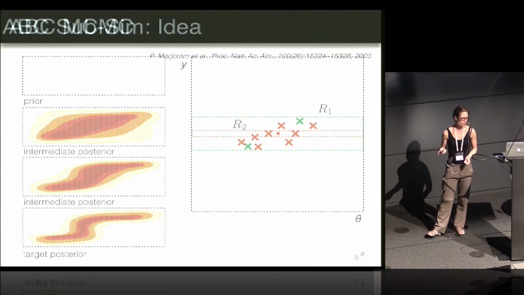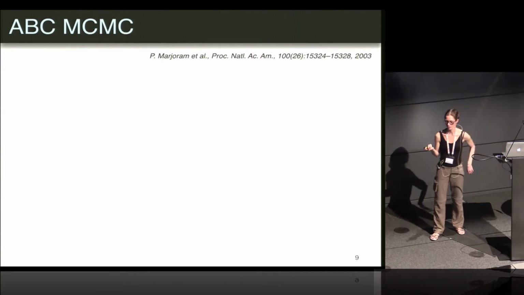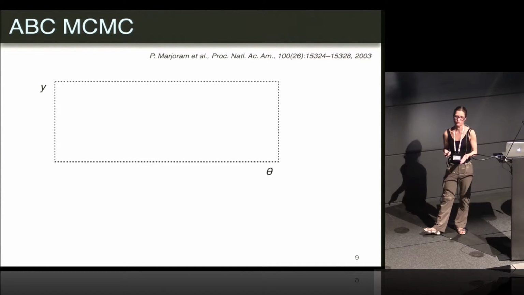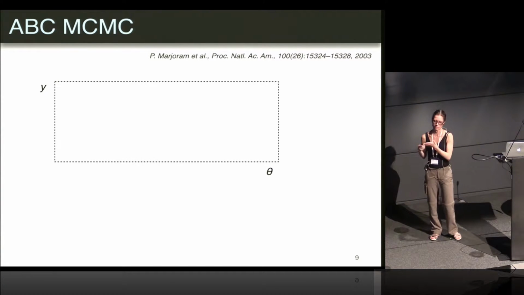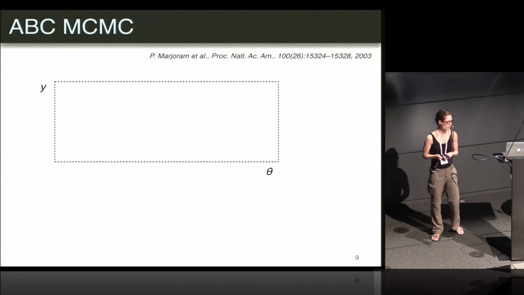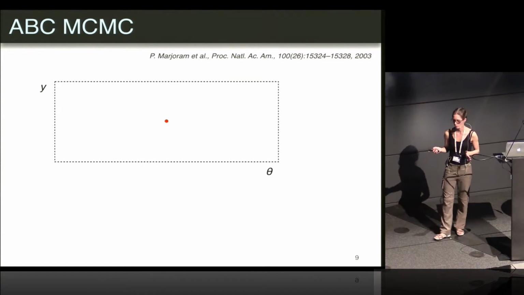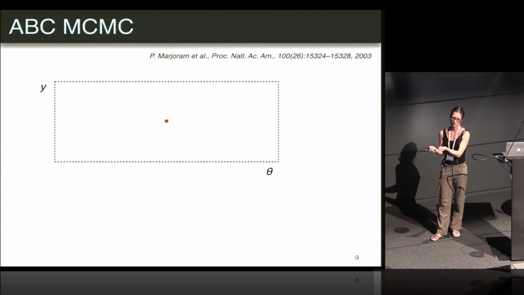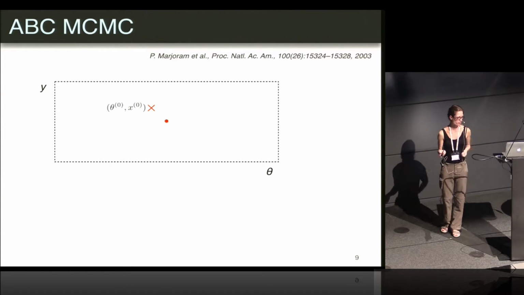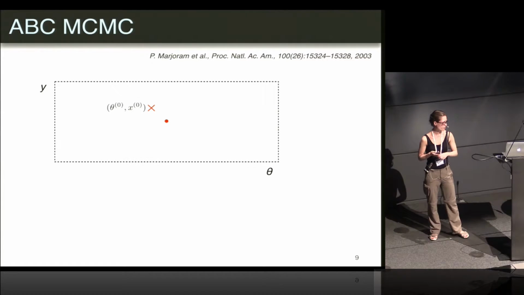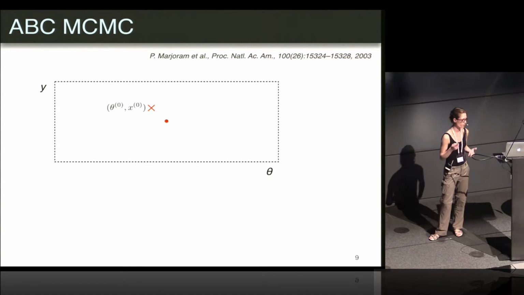Now, how do we generate the points? We do it with a Markov chain Monte Carlo method, which is a special variant of classical Markov chain Monte Carlo for approximate Bayesian computation. As always in Markov chain Monte Carlo, we jump around and try points. Again, the dot is our data. This theta 0, x 0 is our initial point, and from this we start.